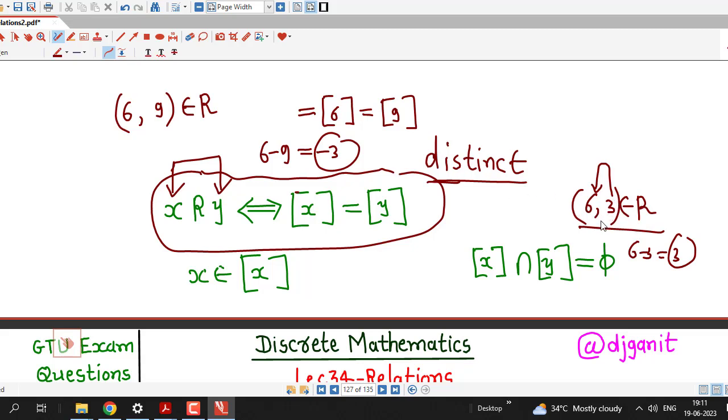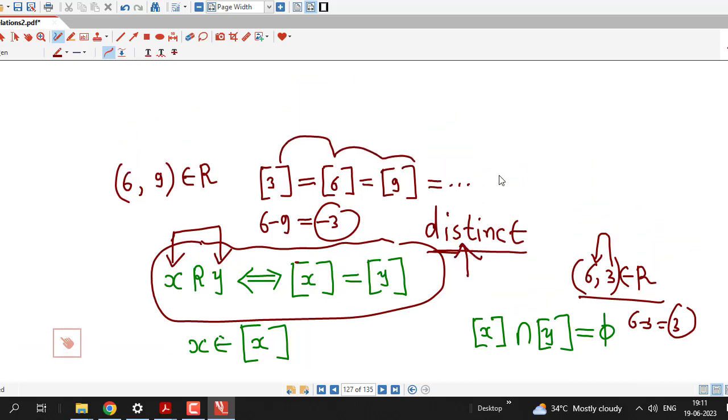Therefore the equivalence classes generated by 6 and 3 are also equal. So we can see that if I consider multiples of 3, then the equivalence classes generated by all the multiples of 3 will be the same. In this way we have disjoint, distinct equivalence classes, finite in number. There are an infinite number of elements in this set of integers, but the equivalence classes generated by all those integers are going to be the same, as we will see.